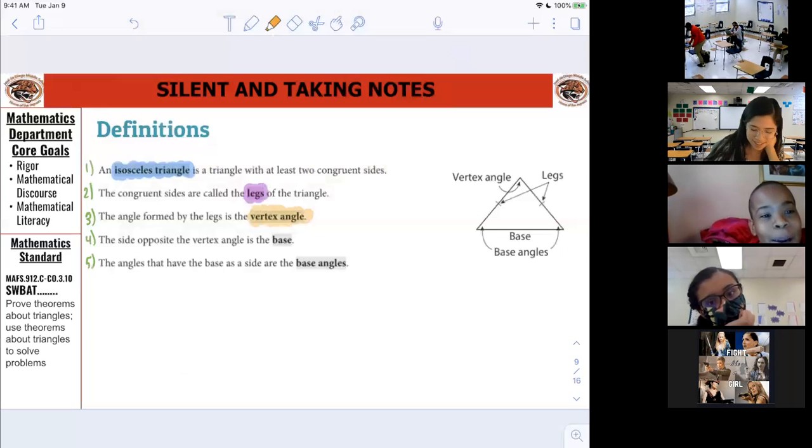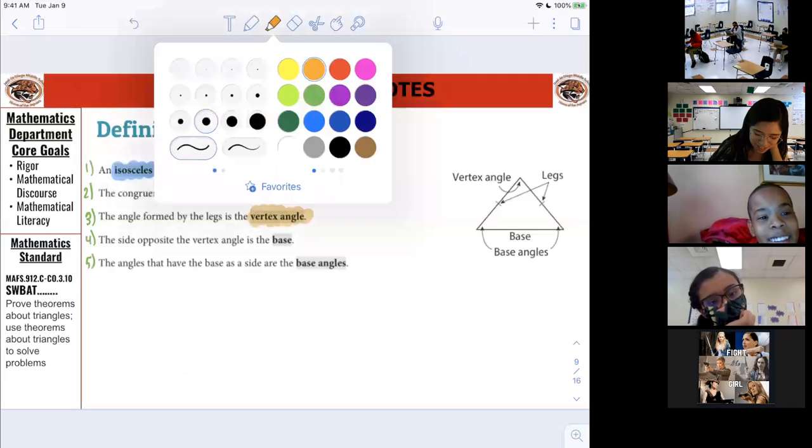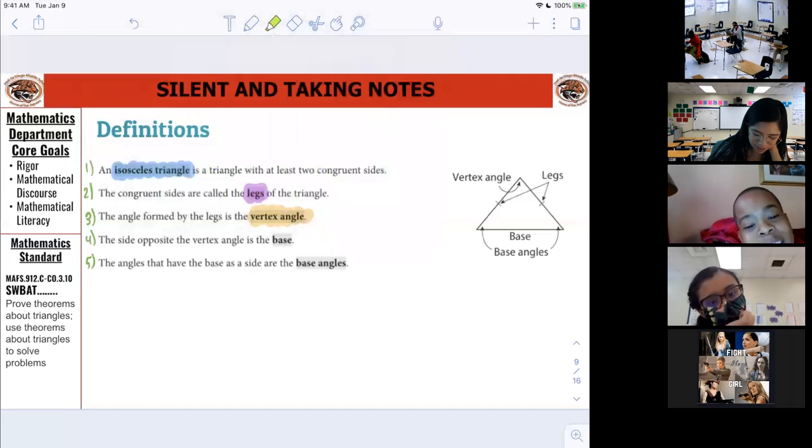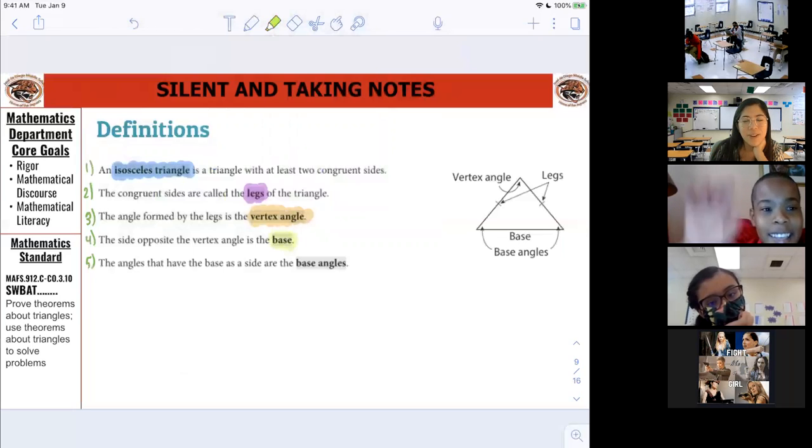Yes. Should be the side that's opposite of the vertex angle is the base. You tell the textbook how to do grammar.